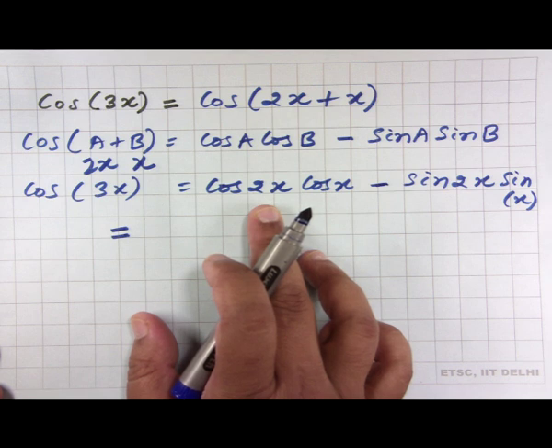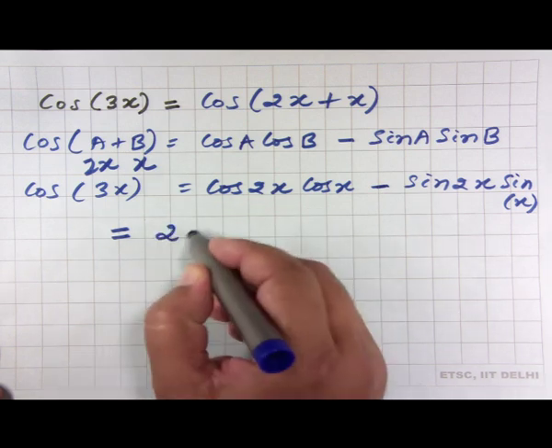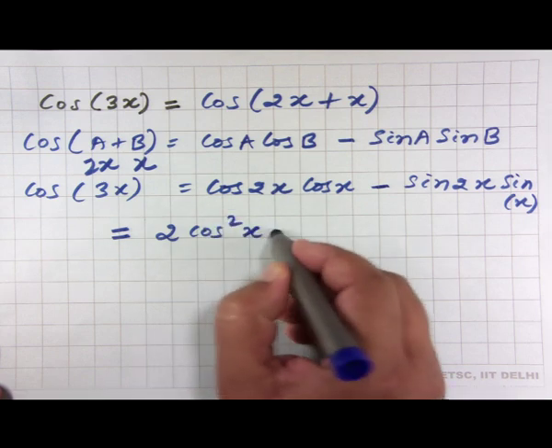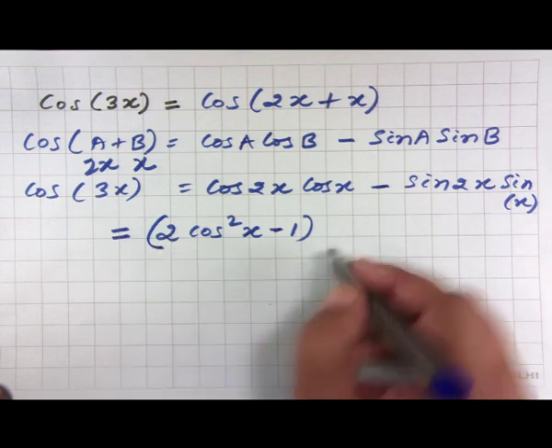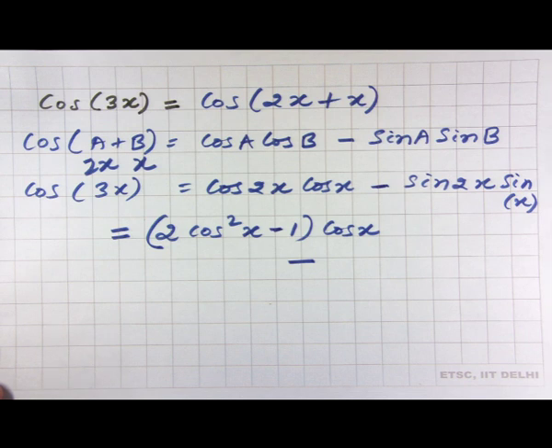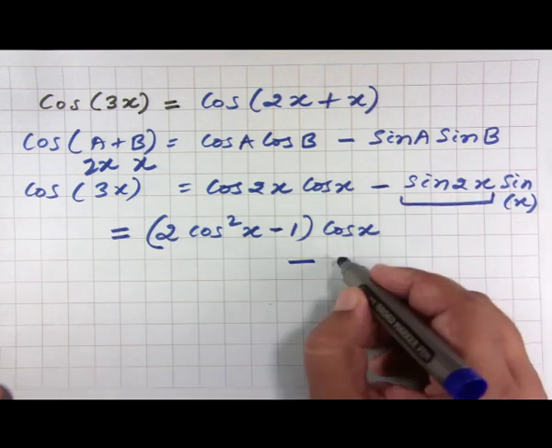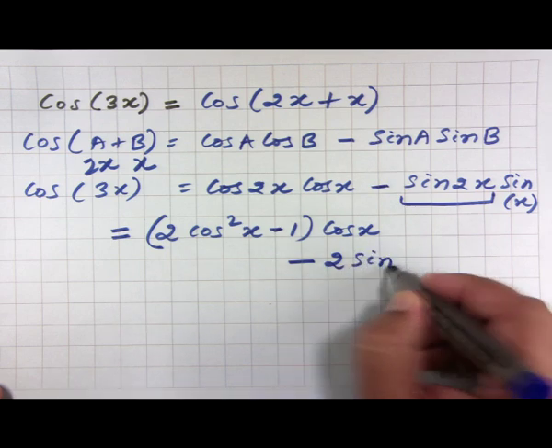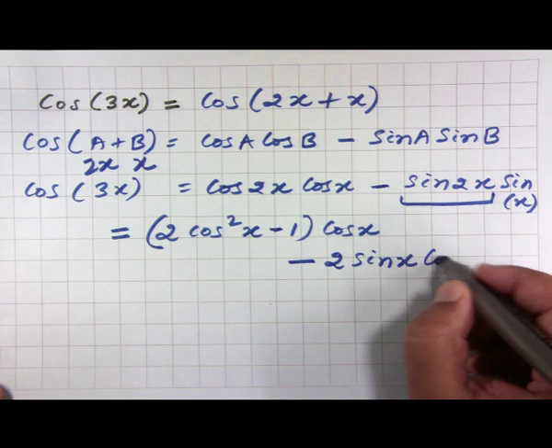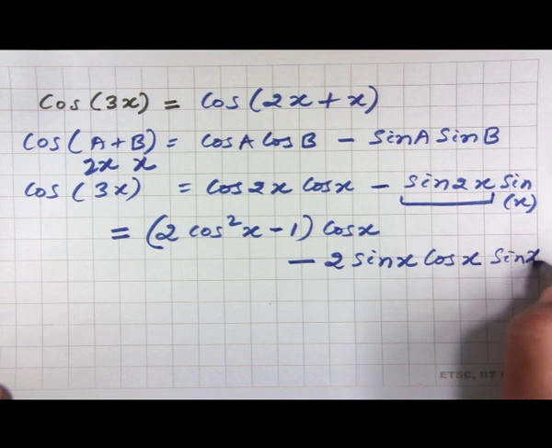So, we use that result which we had derived earlier, times cos x minus, and we had also derived that sine of 2x is 2 times sin x cos x. So, that is what we are going to use for sin 2x here, times sin x.